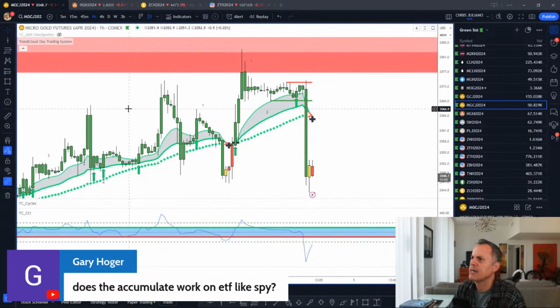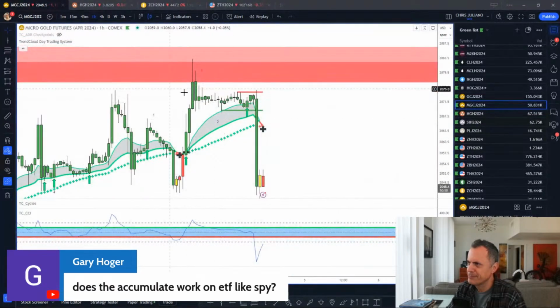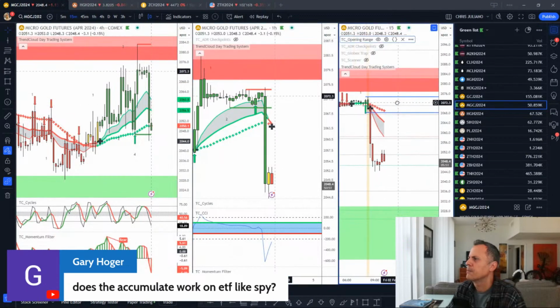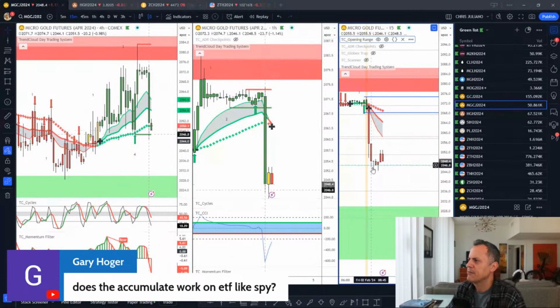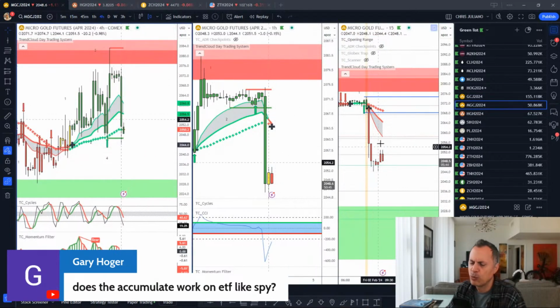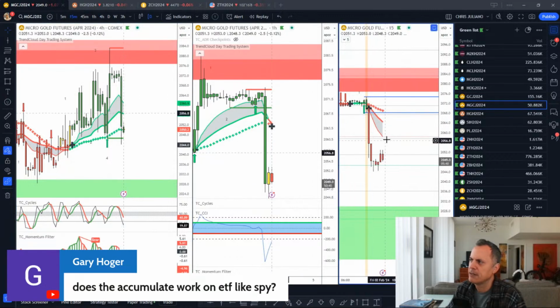Same thing. We've got that area up here on gold. Gold broke out to the downside. Okay, so this is like what we want to see on the Dow, right? It did it on the gold.